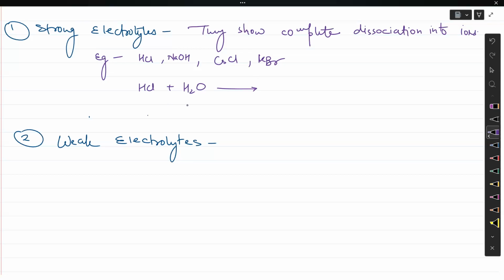Like HCl is added in water solvent. So what will happen? This is the acid, right? HCl is an acid or base? Hydrochloric acid, we say it hydrochloric acid, right? Yes, sir. So acid will give H plus ions.